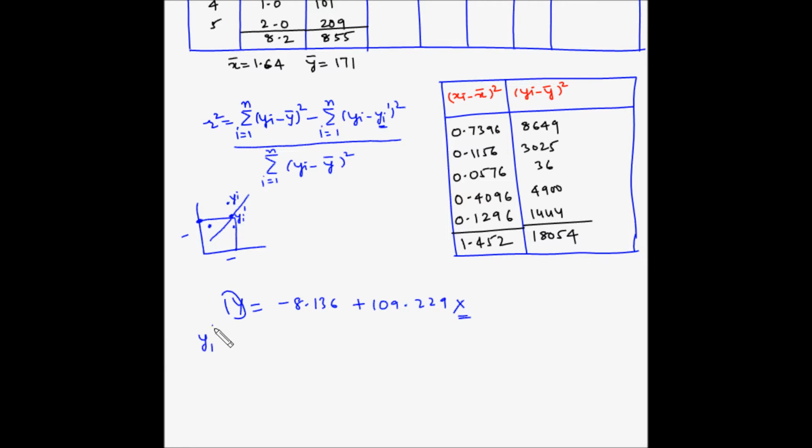So y1 dash is equal to minus 8.136 plus 109.229 multiplied by x, which is 2.5.